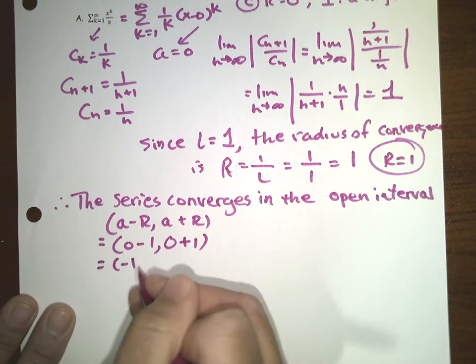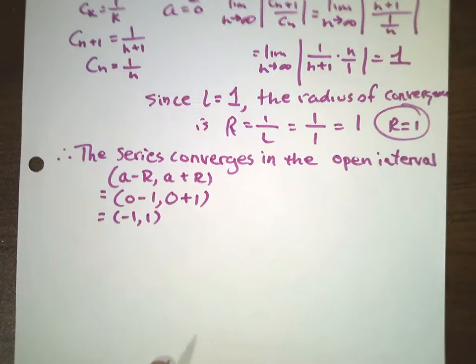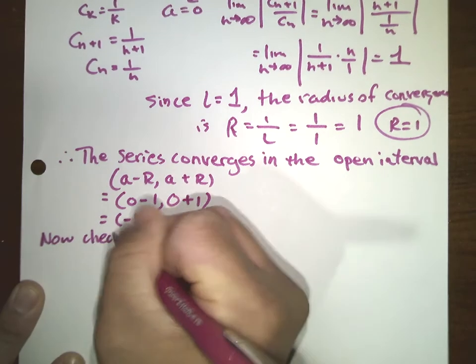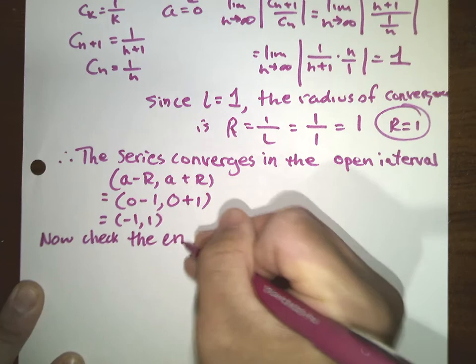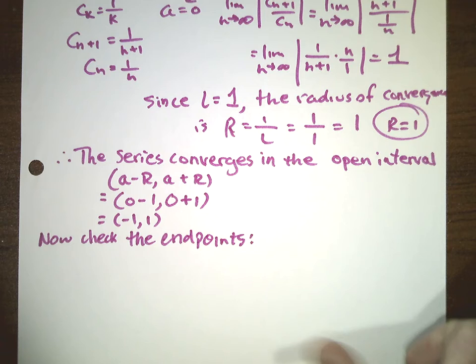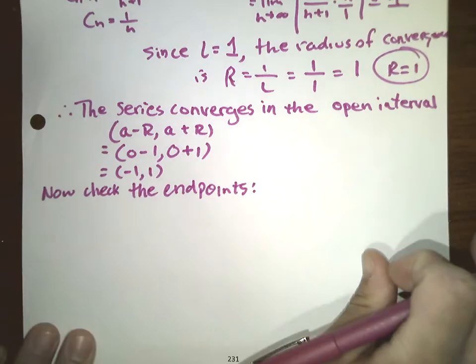So negative 1 to 1. But now I need to check the endpoints. So I need to check what happens at x equals negative 1 and at x equals 1.